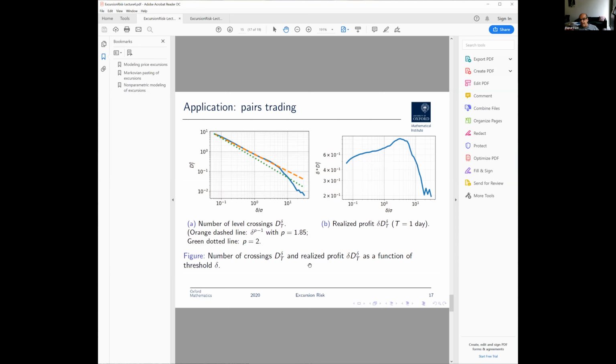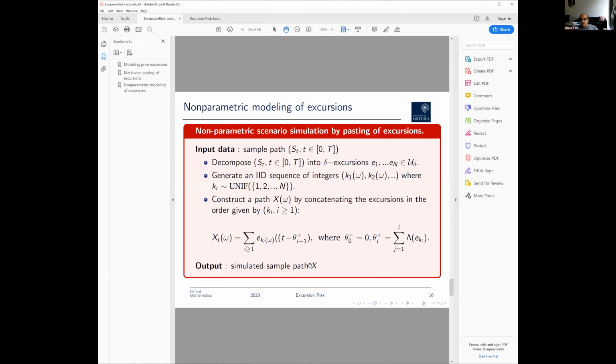So for instance, if I look at the graph like this, the number of level crossings, the number of delta excursions in a period t, the realized profit, delta d, delta t, they will give me exactly the correct graphs, the same as in the data if I do it in the simulated path according to this, because I preserve exactly these quantities.